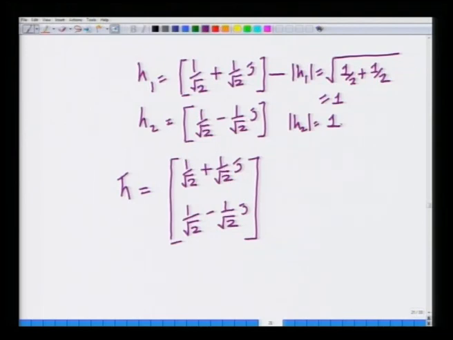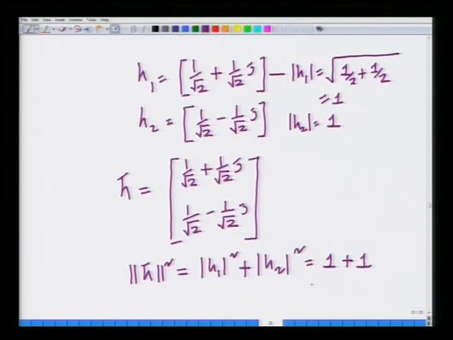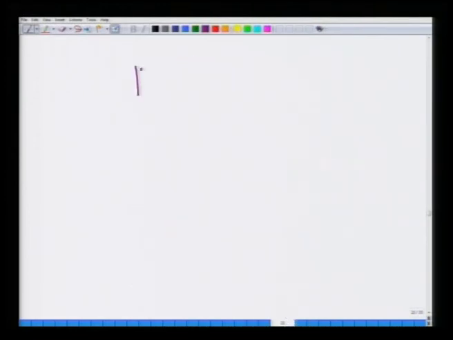Hence, the magnitude of h bar vector square is magnitude h 1 square plus magnitude h 2 square, which is 1 plus 1 equals 2. Hence, magnitude h square equals 2. Hence, magnitude of h is nothing but square root of 2.